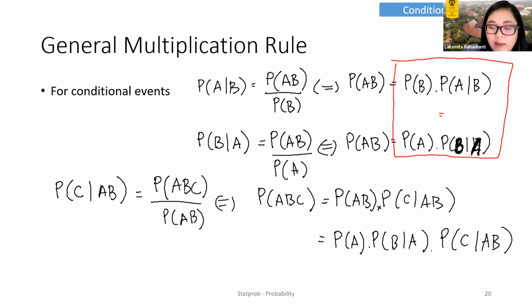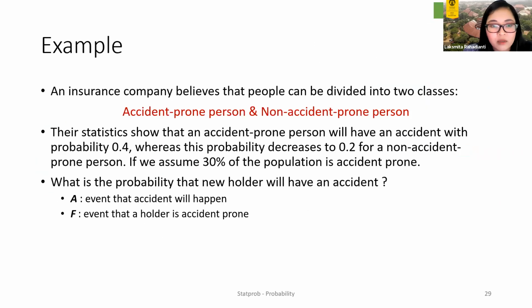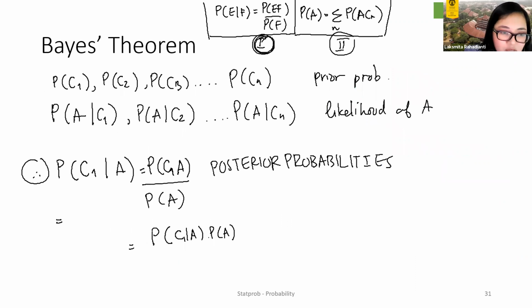So I know that when I'm computing the intersection, I could compute it based on B given A. So instead of using C1 given A, which I don't know yet, I'll just do the opposite. I know the other way. I know the prior probabilities. So instead of computing C1 given A, why don't I compute A given C1 times C1?